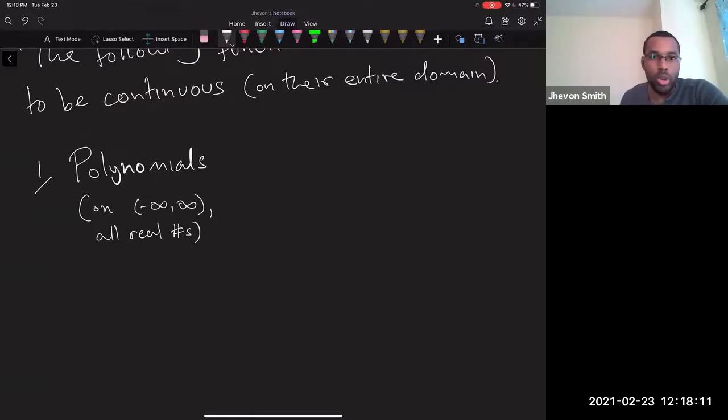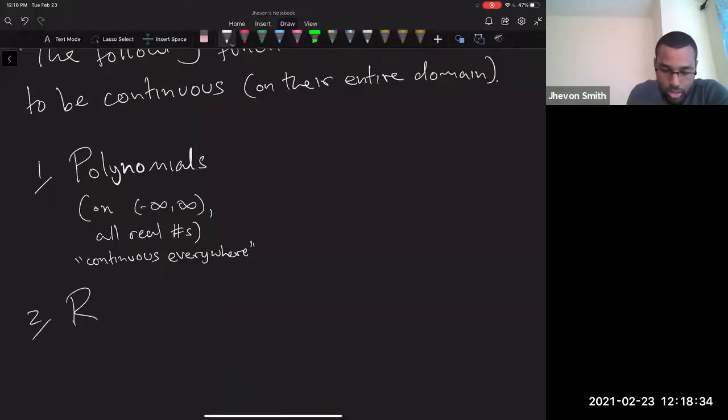If you're looking at a polynomial, you can just tell me it's continuous, and you don't have to justify it. We all know it's continuous everywhere. Polynomials are really nice.